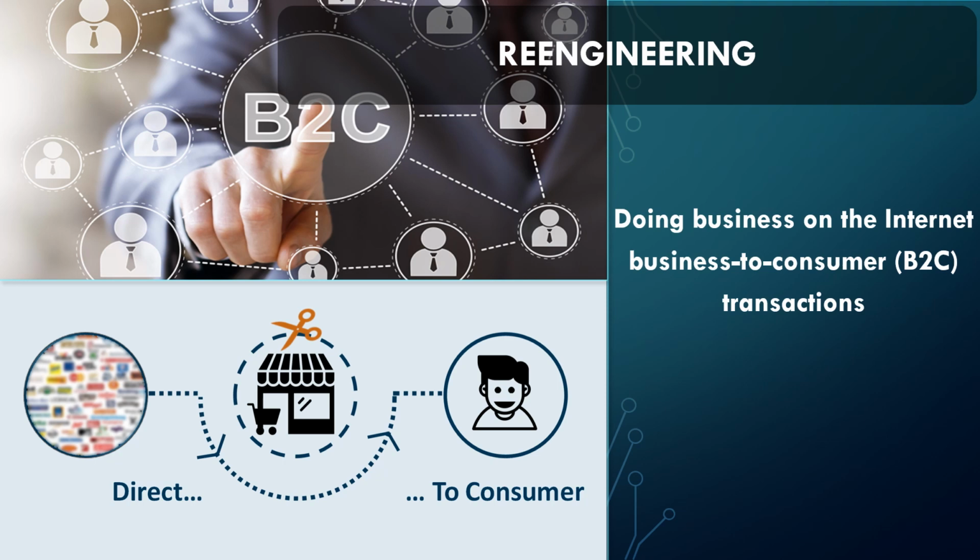So doing business through the internet is just to reach the customer directly without mediation of agents or others, as in this picture. So we cancel the shop, and we go directly from the factory to the customer.